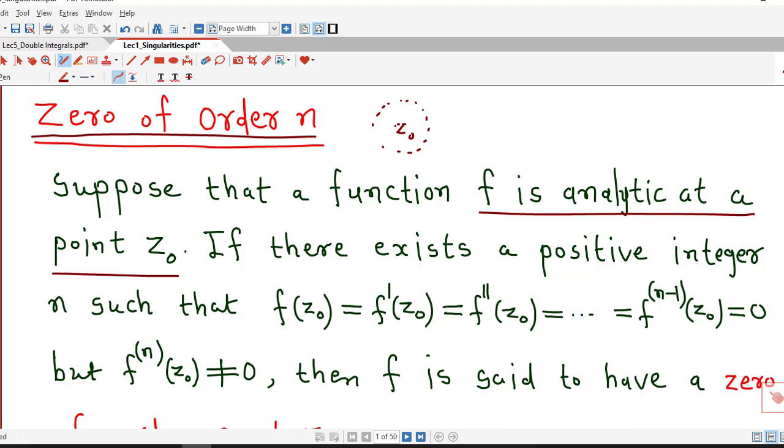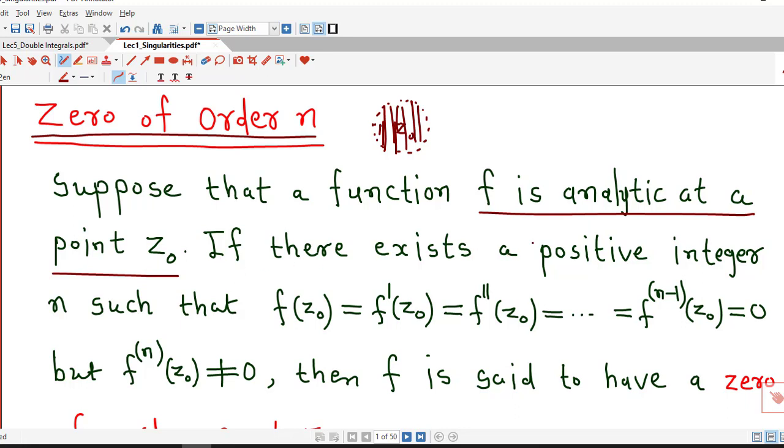As we know the definition of analytic function, a function is analytic at some point z0 if there exists some neighborhood of that point z0 such that the function is differentiable at every point in that neighborhood. So because the function is analytic at a point z0, the function is differentiable at point z0.